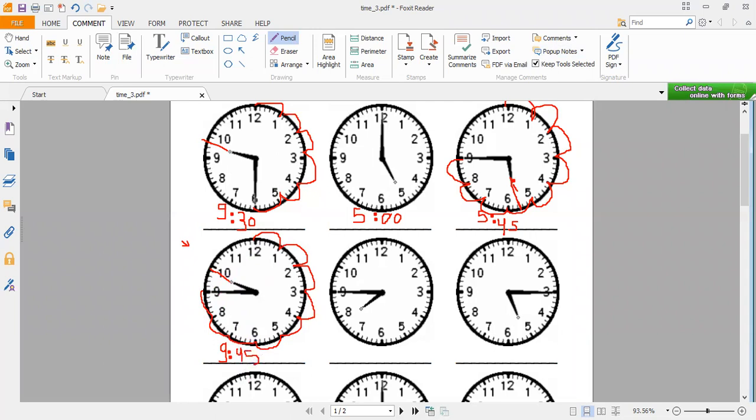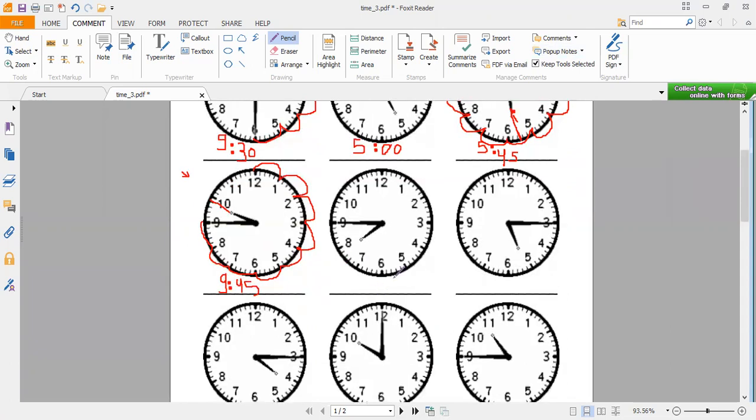Okay, let's try to answer this one. Look at the hour hand. The hour hand here points to 5. So that means we're gonna write 5. And the minute hand here points to what? To 3. But how many minutes?